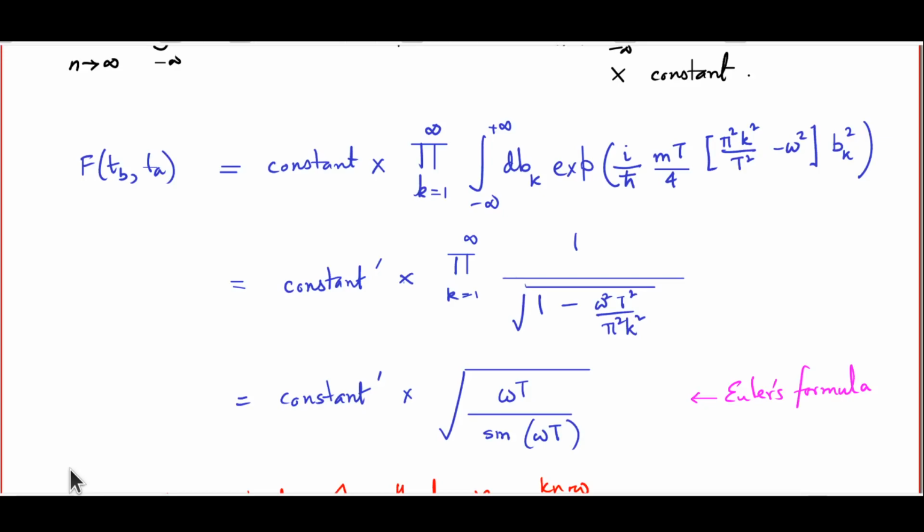By using something called Euler's product expansion for sine z by z, you can write down that product as square root of omega T by sine omega T. I will discuss Euler's formula in a bit more detail soon, but for the time being, this is basically what the central result is. Our normalizing factor works out to some constant multiplied by square root of omega T by sine omega T.